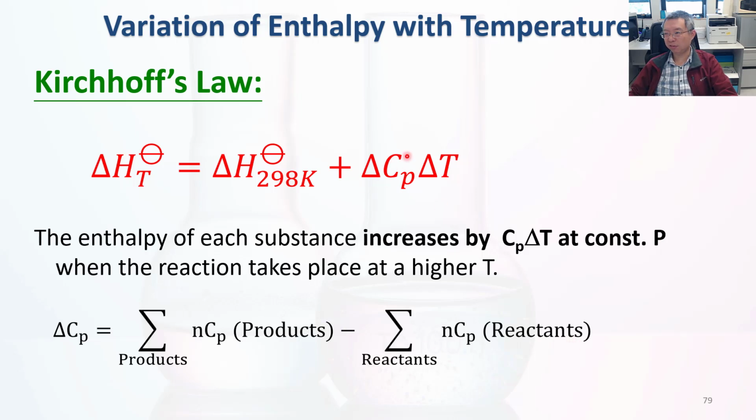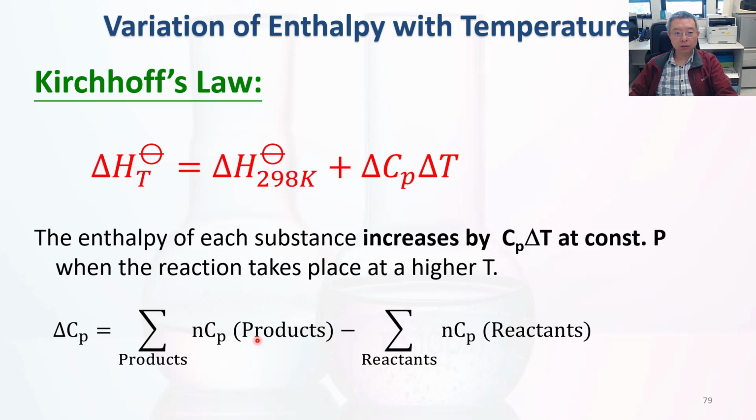This delta always means final minus initial, and delta T is T minus 298 Kelvin, the temperature difference. The entropy of each substance increases by Cp delta T at constant P as I go to higher temperatures.